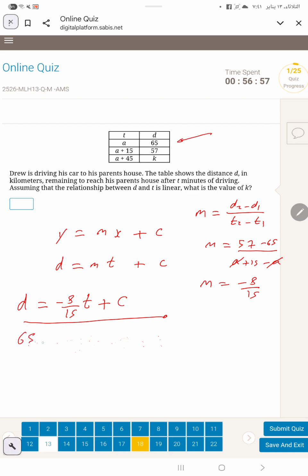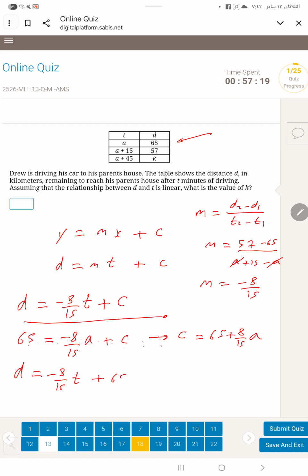So 65 is equal to negative 8 over 15 times a plus c. This means c is equal to 65 plus 8 over 15 a. So finally the equation will be d is equal to negative 8 over 15 t plus 65 plus 8 over 15 a.